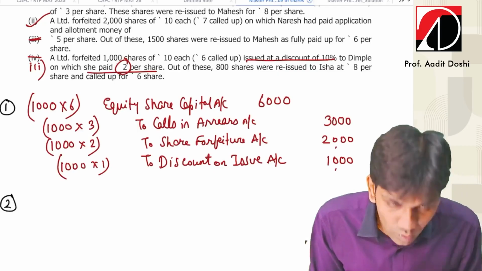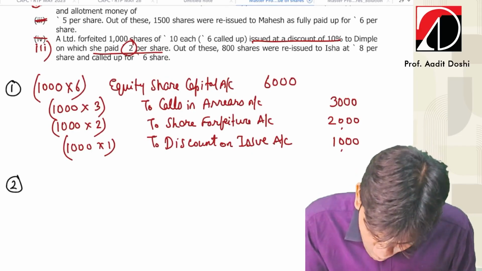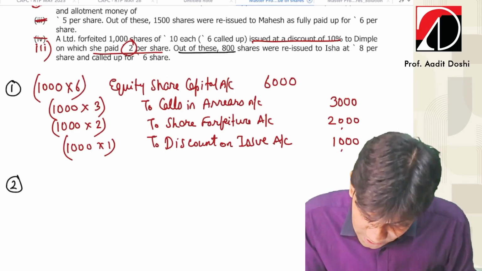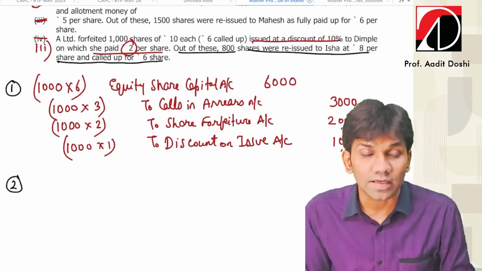Entry number 2. The same shares were reissued; out of this, 800 shares were issued at 8 per share, called up for 6%.